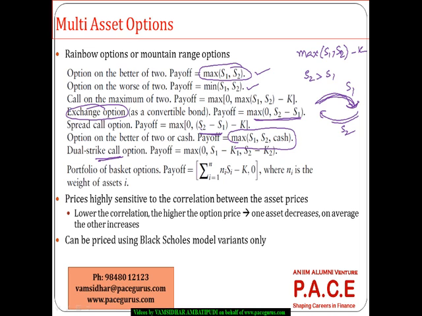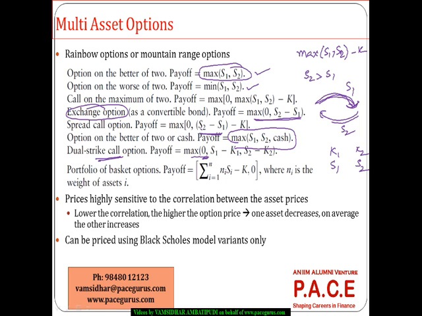Or we have the dual strike call option, where we have two strike prices, K1 and K2. S1 will be compared with K1, S2 will be compared with K2. So the maximum of the two or 0 is typically paid.